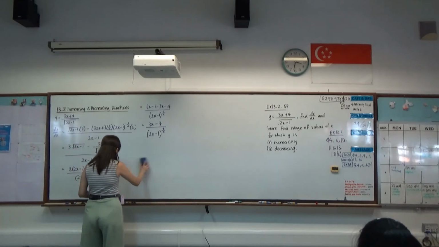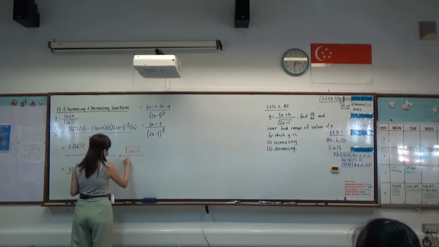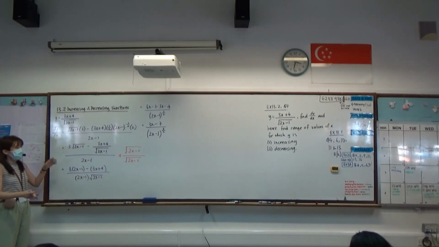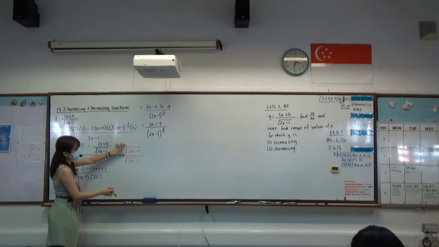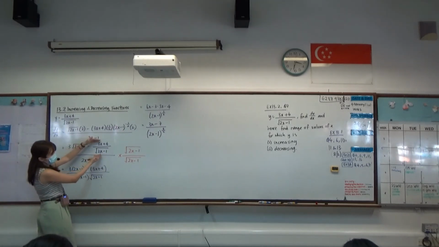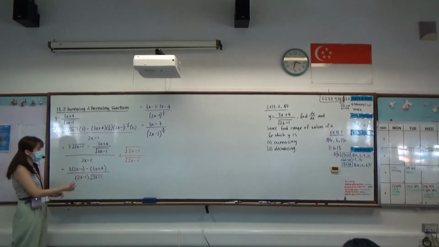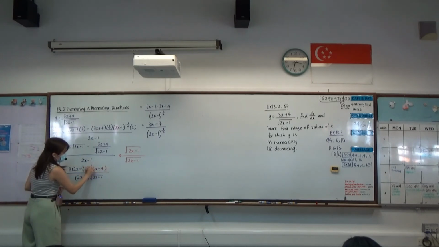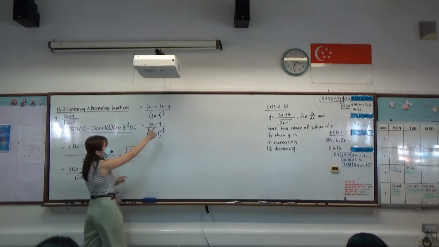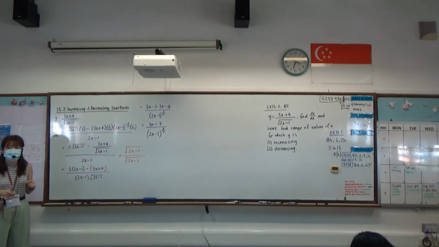What we could do is to multiply by one single fraction of square root 2x minus 1 over square root 2x minus 1. So this square root with this will give me 2x minus 1. And this part here times this will cancel out and we are left with 3x plus 4. I want to emphasize that there should be brackets here because there's a minus sign. It will cause a change in operation. So if you are careless in that, then your simplification process will be affected.